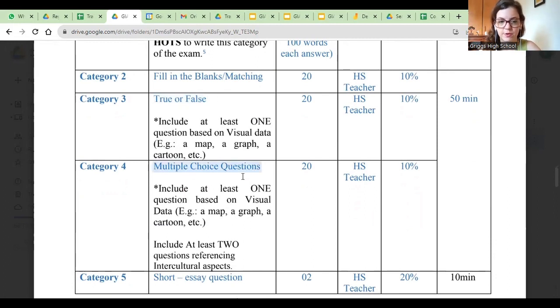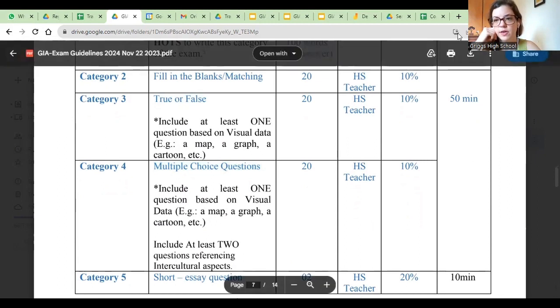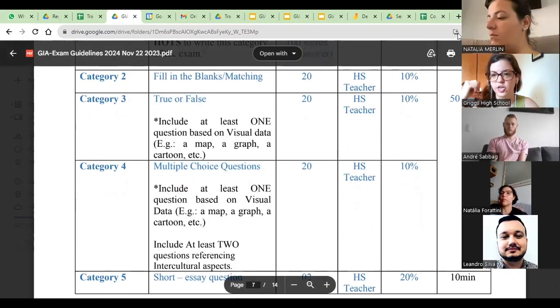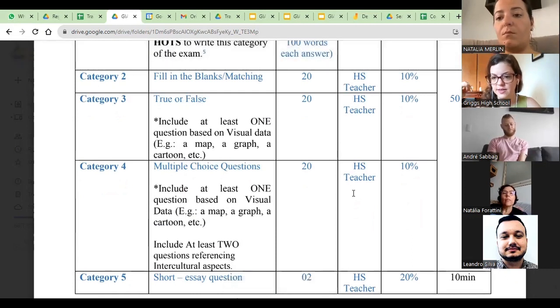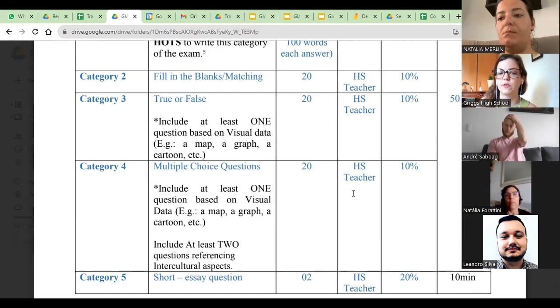Multiple choice exercises. By the way, I don't know if you guys are using ChatGPT to create exercises yet, but it's very helpful. If you get a new video, you can download the subtitles of the video, so you have the script of the video, and then you can use ChatGPT to help you create exercises.